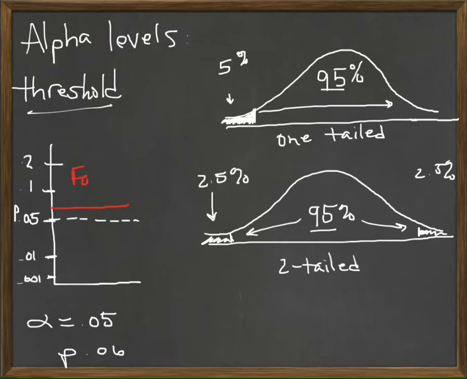Anything above that dotted line, I would fail to reject. Anything below that, I'm going to reject that null.